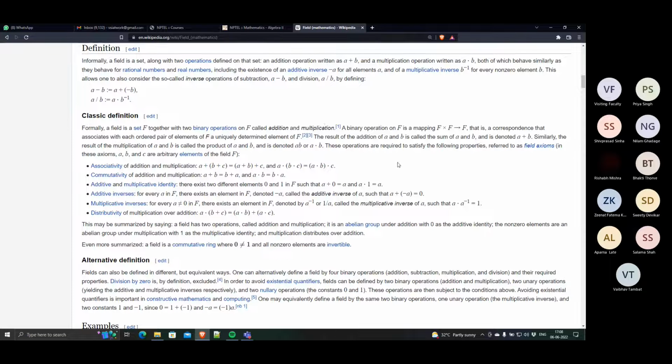You have already seen some of these axioms: associativity, commutativity, additive identity, additive inverse, distributivity of multiplication over addition. You have seen all these things in the definition of a ring, right? Ring theory चल रहा है ना आपका. So a commutative ring with unity covers most of these axioms except multiplicative inverse.